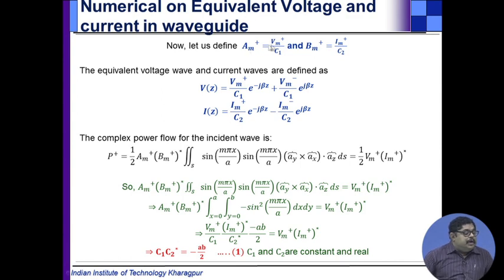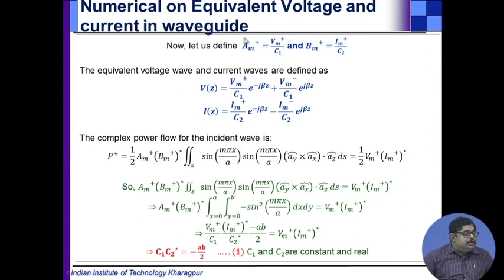Now let us define, as we said, that the electric field and voltage should be proportional. So, that proportionality constant, let us say C1.